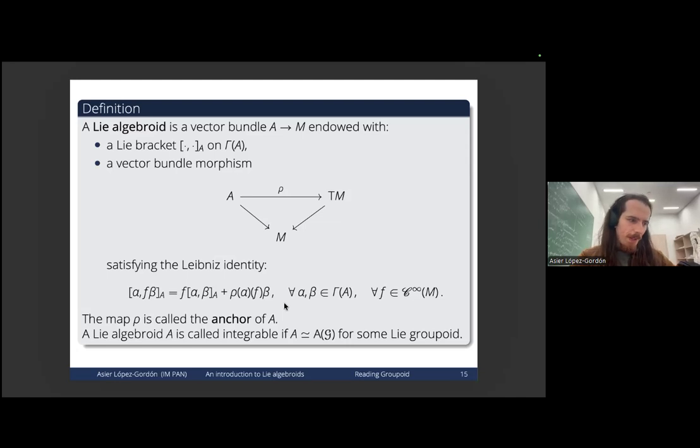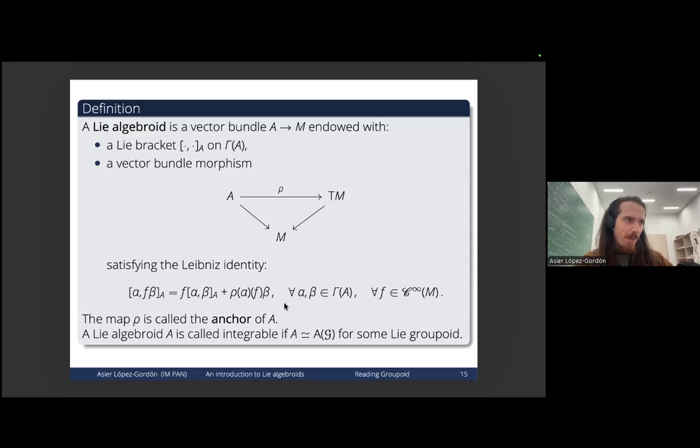So as it is well known in the case of Lie groups and Lie algebras, any Lie group has a Lie algebra, and given a Lie algebra, it has multiple associated Lie groups, and we have the universal cover and so on. Is there something similar for Lie groupoids and algebroids?